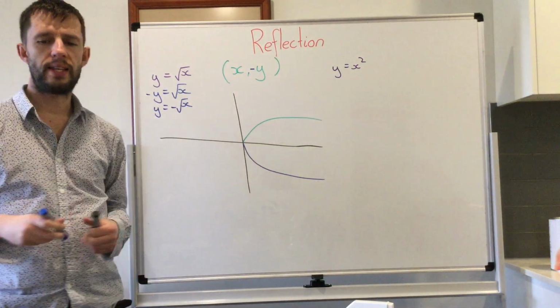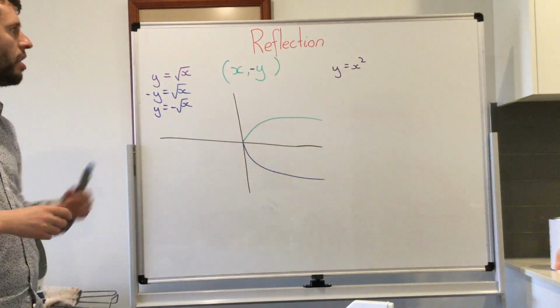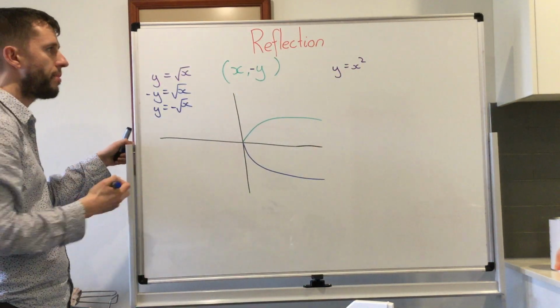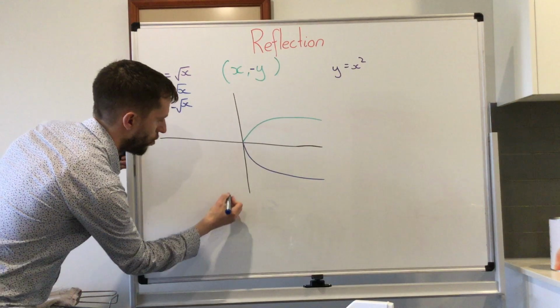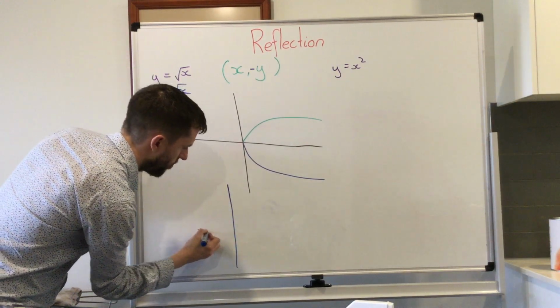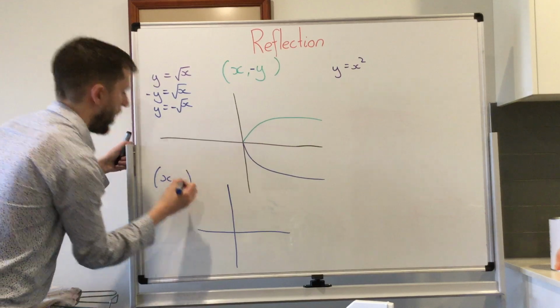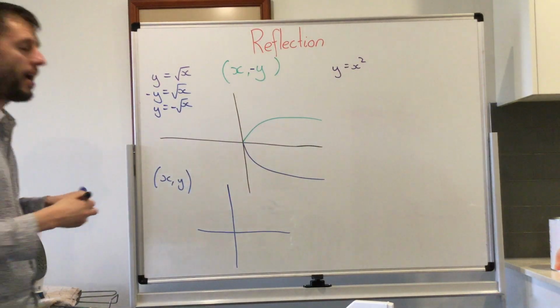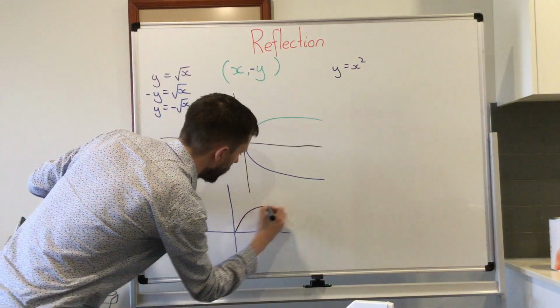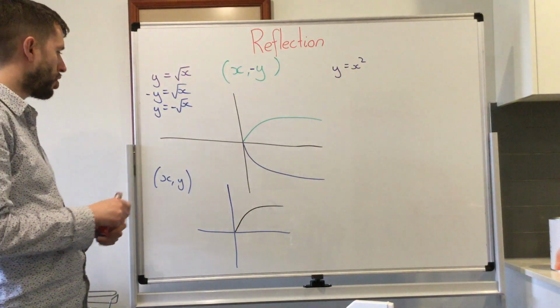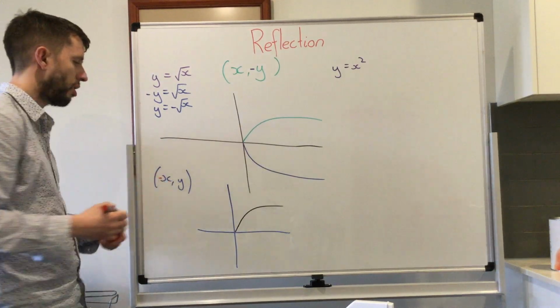That's exactly the same if we are thinking about the x-axis. So I'll do another graph down here. I've got x and I have y. I have my natural graph of the square root of x, and then I wanted to change my x to be negative.